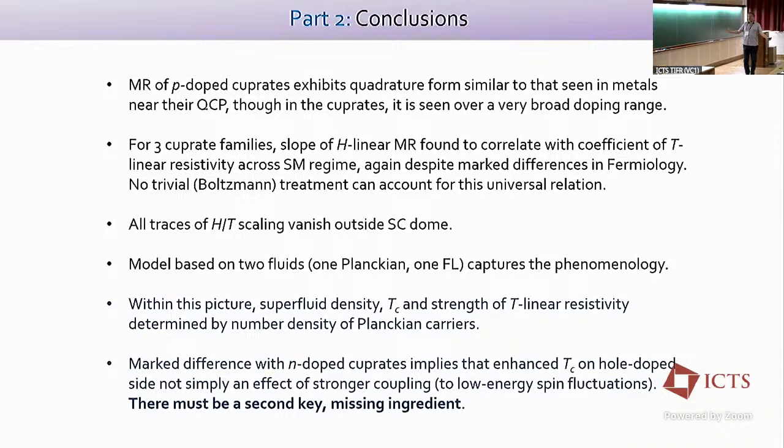All right, so the key point I want to suggest here is that the marked difference between the electron- and hole-doped, at least from the magnetotransport, is that the higher Tc on the hole-doped side is not a consequence of any stronger coupling to some low-energy bosons, but there is some second missing ingredient that we hopefully will motivate people to start thinking about. And with that, I'd like to thank you for your attention.